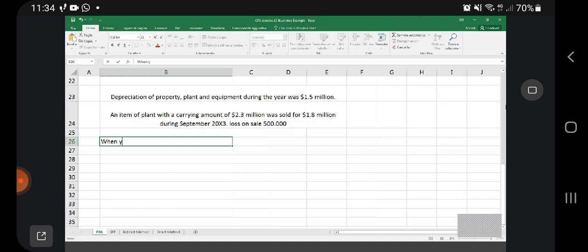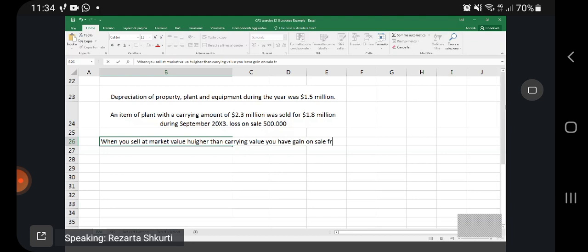When you sell at market value higher than carrying value, which is the net book value that is in the financial statements, then you have a gain on sale of fixed assets.